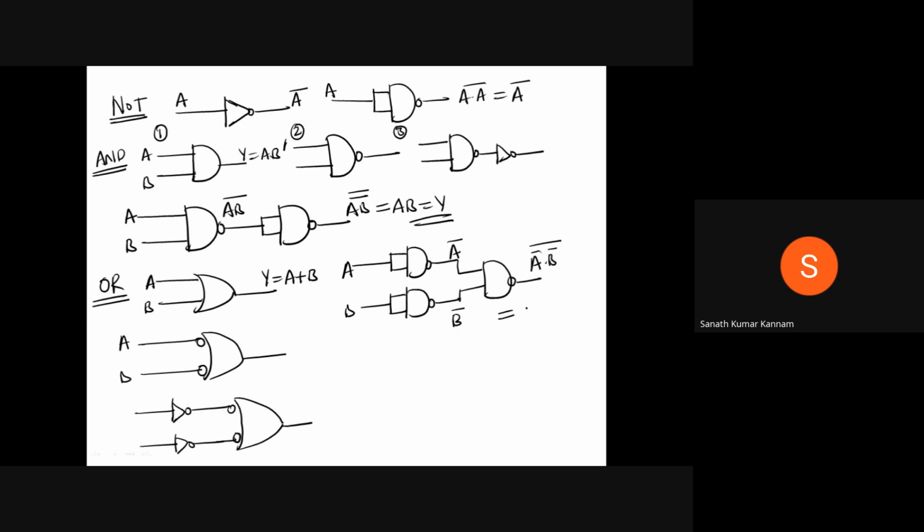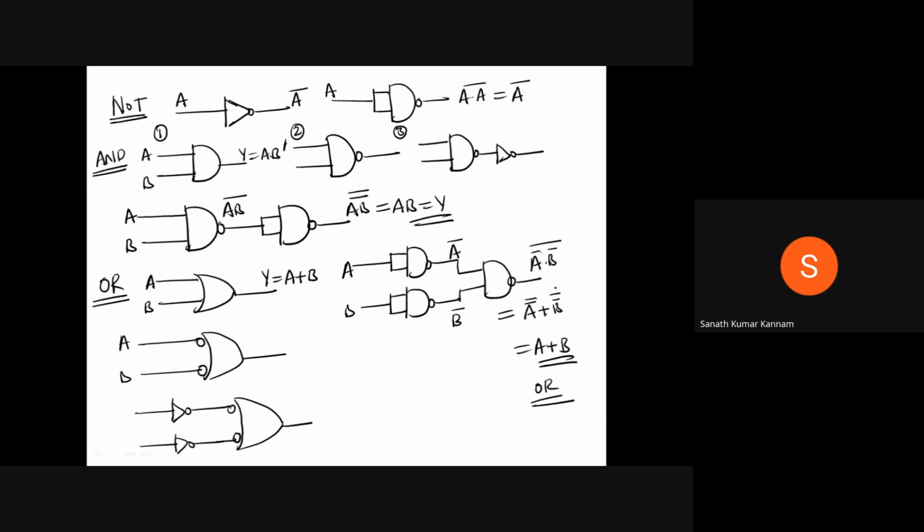If you apply De Morgan's law, A bar whole bar plus B bar whole bar, this is equal to A plus B. So I am implementing the OR gate with this. You got the OR expression. And next, NOR gate.